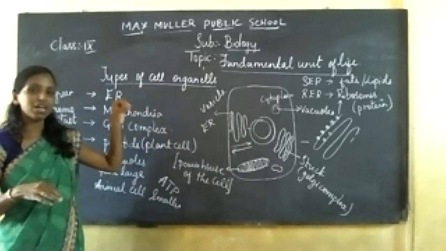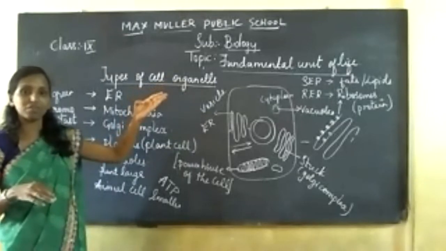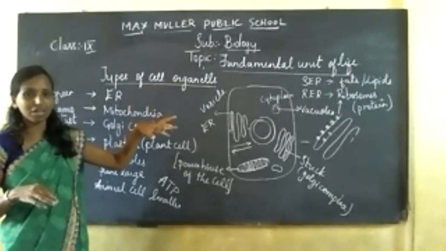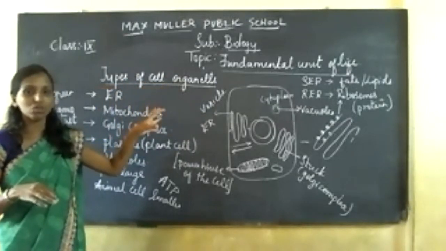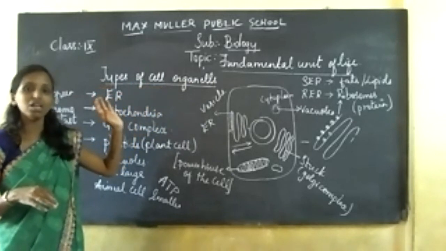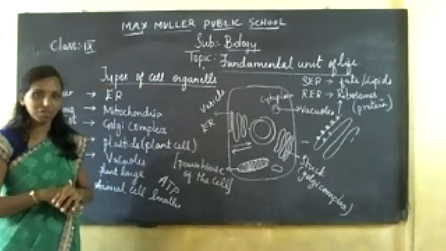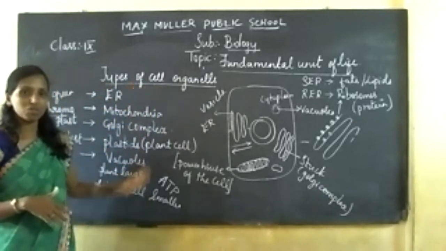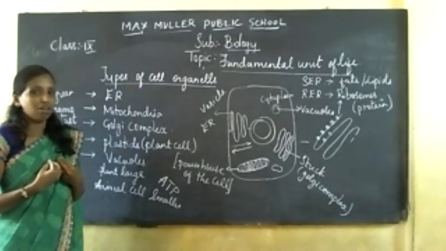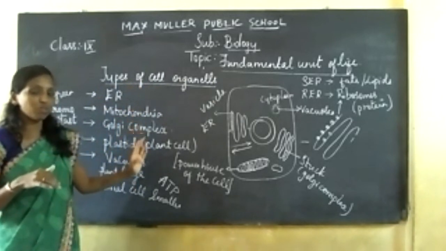The cell is the fundamental unit of life, and the structural and functional unit of life. So that completes your chapter on the fundamental unit of life and the different types of organelles.